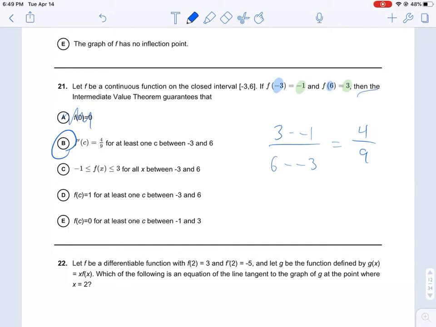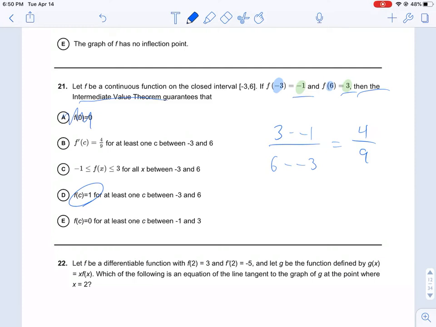Oh, sorry, this is saying the intermediate value theorem guarantees. So the answer is not B. That's the mean value theorem. So they are trying to trick you with mean value theorem. For this one, does the y value have to equal 1 somewhere? Yes, it does because of intermediate value theorem. If it changes from a value of -1 to 3, then it must hit every value in between that.